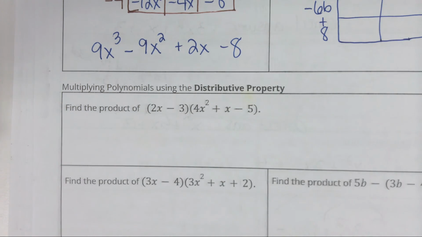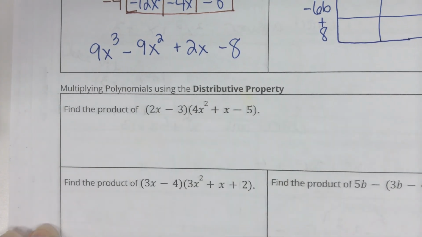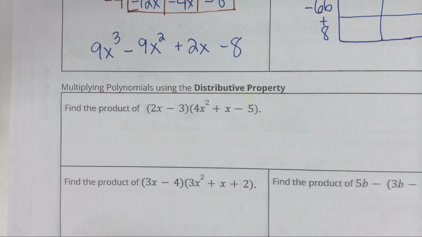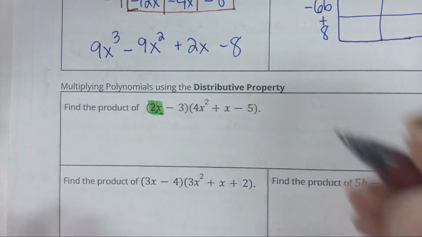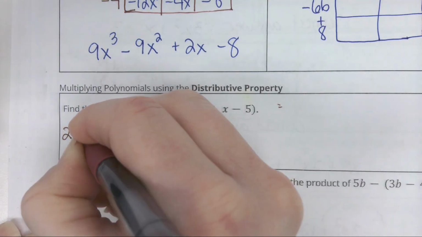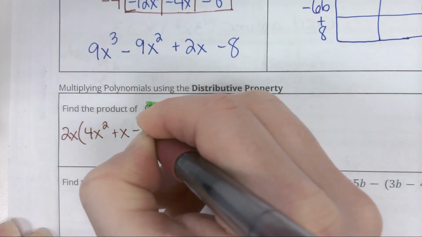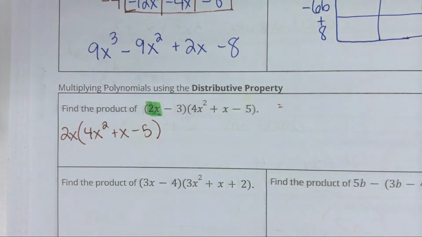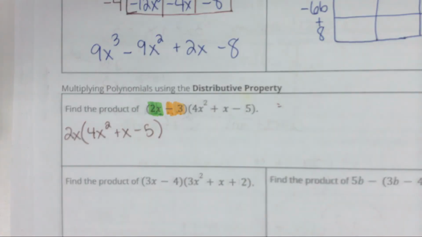The idea here is, how many terms do you see in that first parentheses? 2. So I'm going to distribute the 2x to everything. This would give me 2x times 4x squared plus x minus 5. But then I'd also have to distribute the -3.